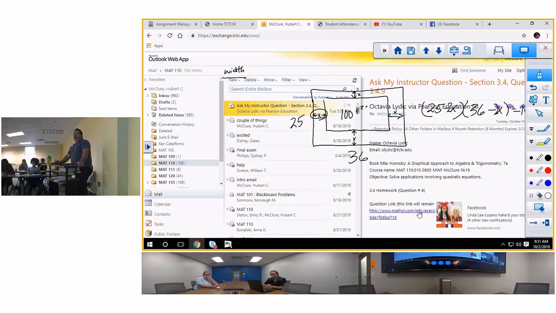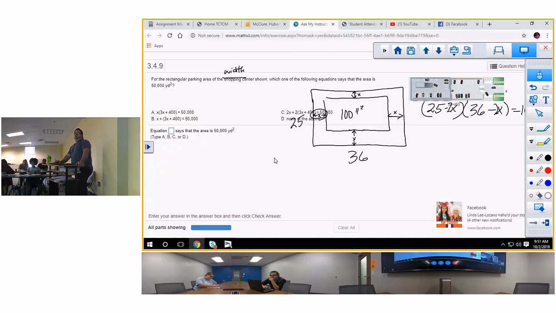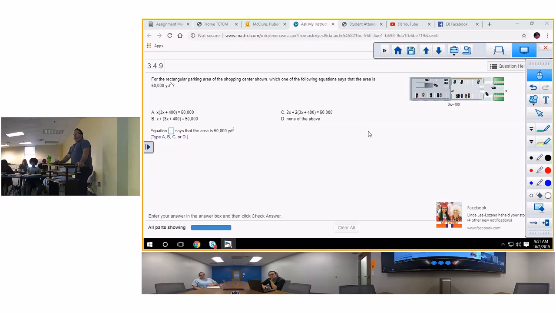And this last one is 3.4, number 4. This says, for the rectangular parking lot of the shopping center shown, which of the following equations says that the area is 50,000 square yards?